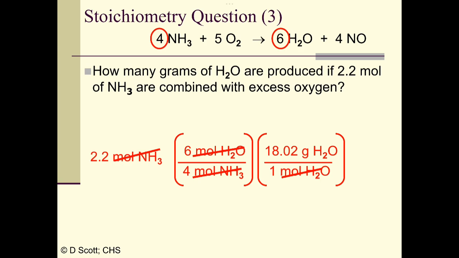So a while ago, we got a molar mass of water as 18 grams per mole. It means that water has 18 grams in every 1 mole. Okay, so again, after dividing and multiplying by 2.2, we're going to multiply by 18.02 grams of water, and this will give an answer of 59 grams of water.